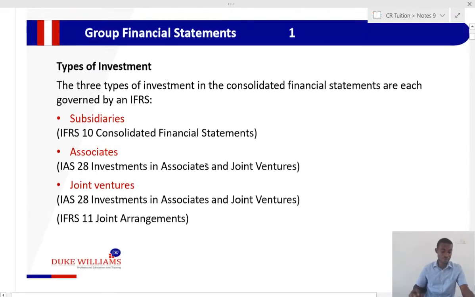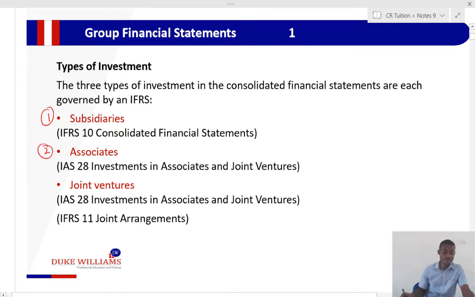To start with, we want to look at the types of investment that we can have. Mainly we can have these three investment types, but there could be more. The first one is the subsidiary and parent relationship, as you are aware, where we identify a subsidiary as the entity that is being controlled by another entity.